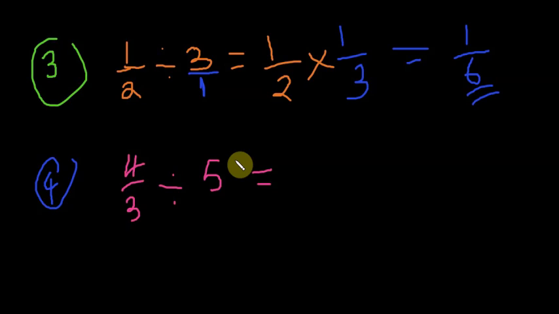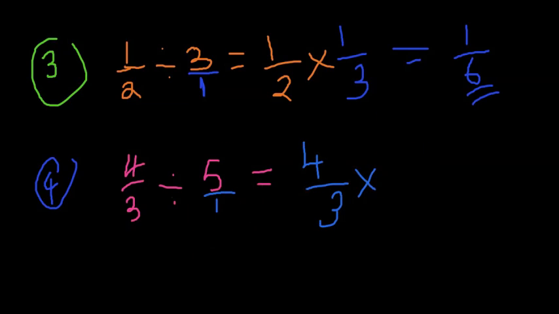So first step, what do we do? We change the whole number to a fraction. Once that is done, we need to change the division sign to multiplication.